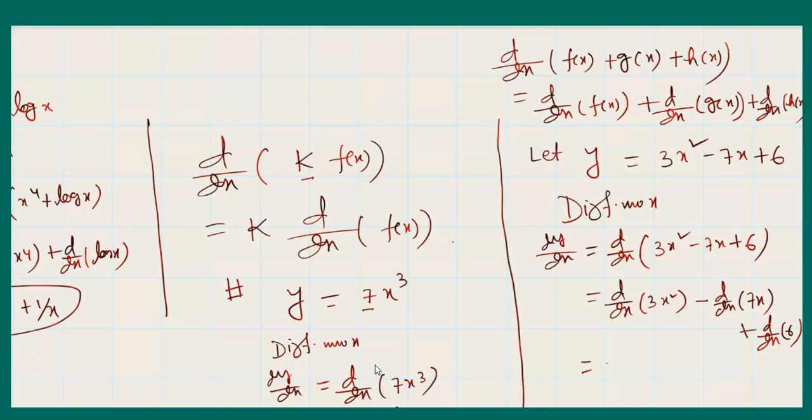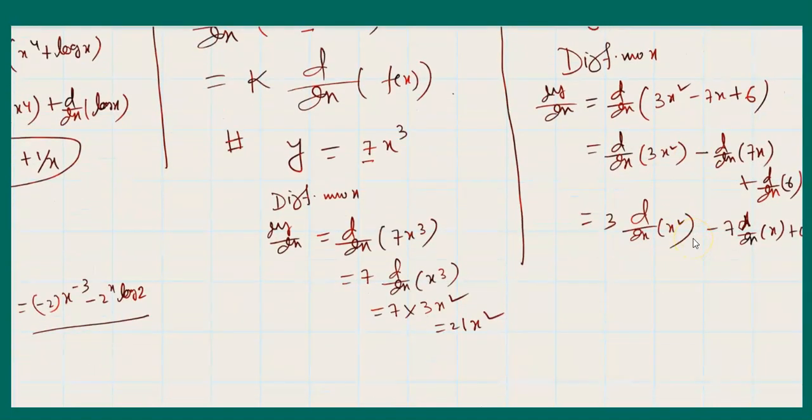So the value is 3 will come outside, d/dx of x square, 7 will come outside, d/dx of x, and what about the third one? It is a constant, its derivative is going to be equal to 0. So this one now, if you simplify, it will be 3 into 2x to the power 2 minus 1, minus 7 into 1x to the power 1 minus 1. So it is 6x minus 7 is the answer.